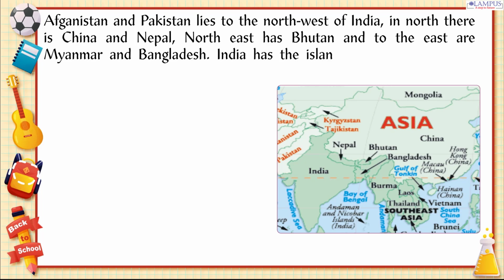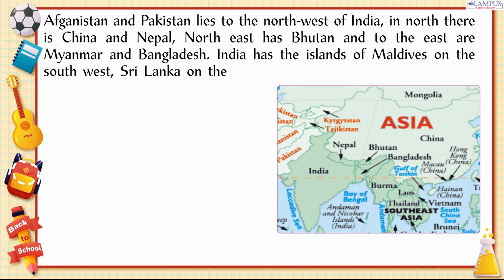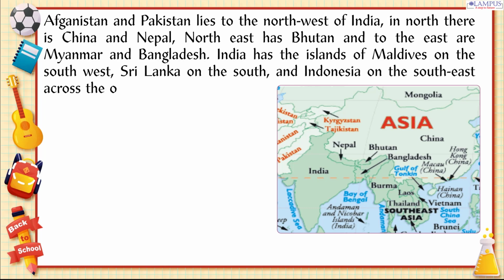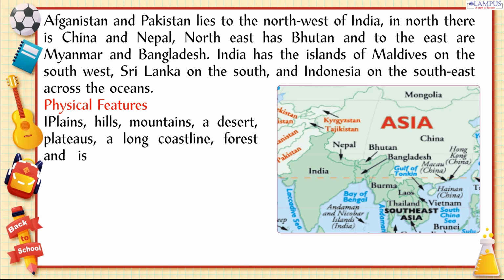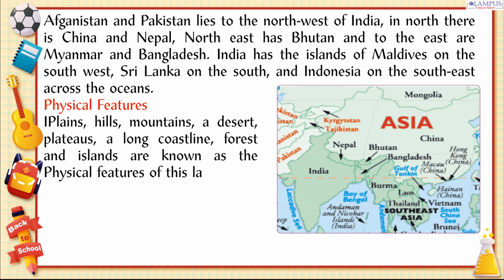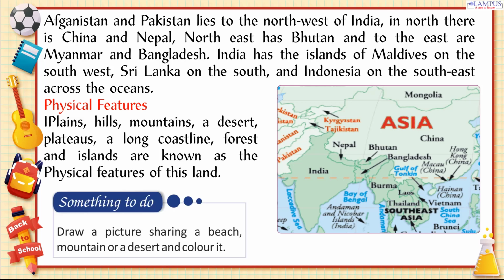India has the islands of Maldives on the southwest, Sri Lanka on the south, and Indonesia on the southeast across the oceans. Physical features. Plains, hills, mountains, a desert, plateaus, a long coastline, forests and islands are known as the physical features of this land.